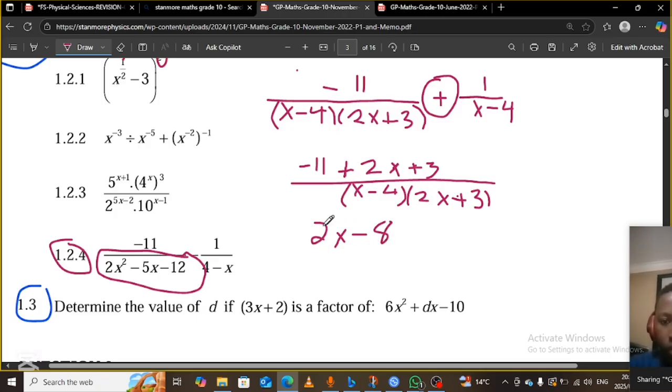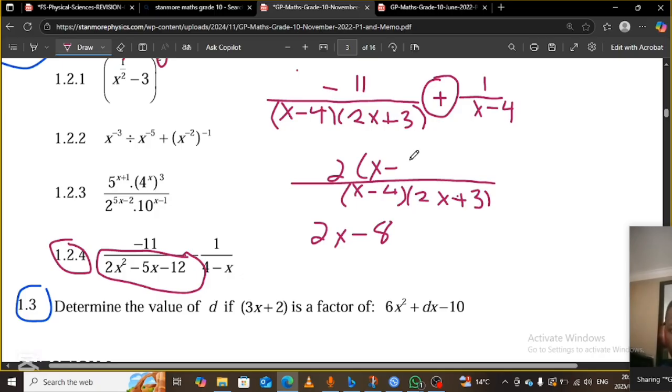And then factorize. Let's remove this part and write. This is 2x minus 8, the numerator. So we'll take out the common factor. What is the common factor here from 2x minus 8? It's 2. And then x minus 4, right?